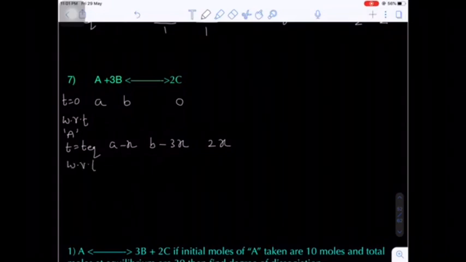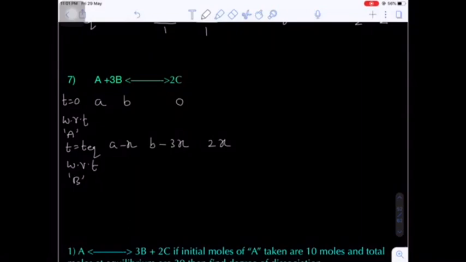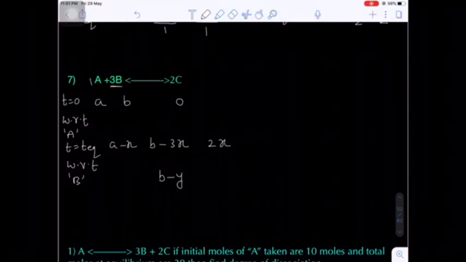Let's suppose if the limiting reagent is B, then we have to subtract. Let's suppose I am subtracting Y moles from the B. 3 moles of B combine with how many moles of A? 1 mole of A. Y moles of B will combine with how many moles of A?